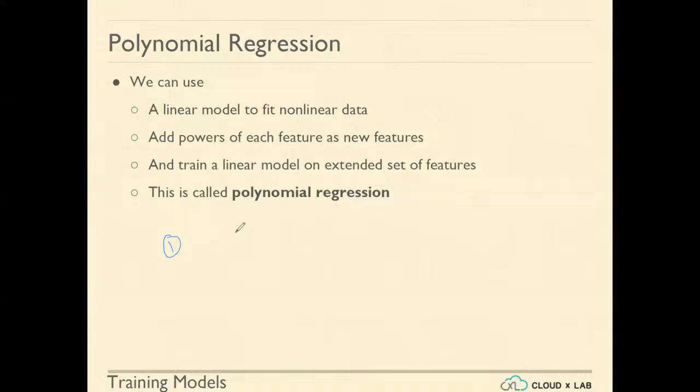Suppose input features are given to you: x1 is a feature, x2 is a feature, x3 is a feature. Originally we only have three features in our input, x1, x2, and x3. Using these three features, we will create new features, depending upon what type of polynomial we want to use.